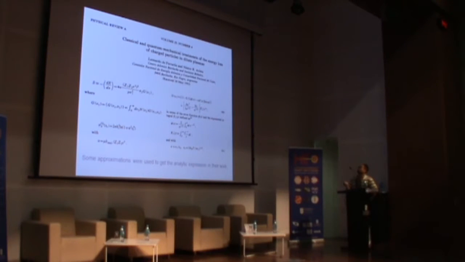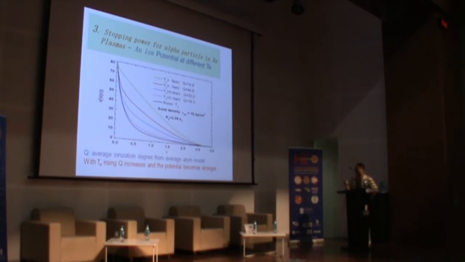Here is the model suggested by Arista, and we can see that some approximations were used to get the final result. Here is the Gold ion potential at different temperature from the average atom model.